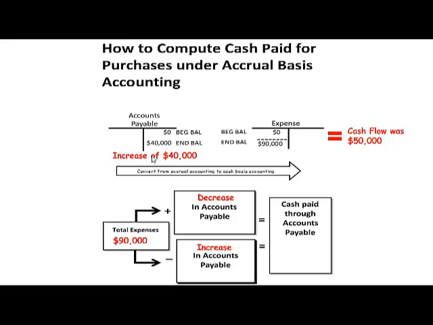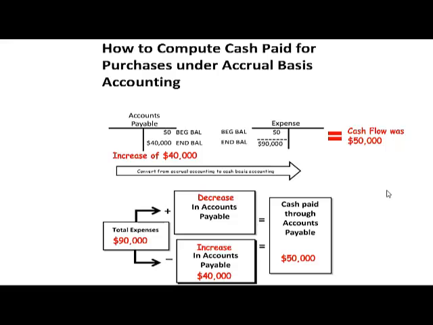So in this case, I had an increase in accounts payable, and the increase was $40,000. So I'm going to insert that into my increase box. So my total expenses are $90,000. I'm going to subtract out my increase, which means the cash outflow through accounts payable was $50,000, which equals that amount that we had from the previous slide.